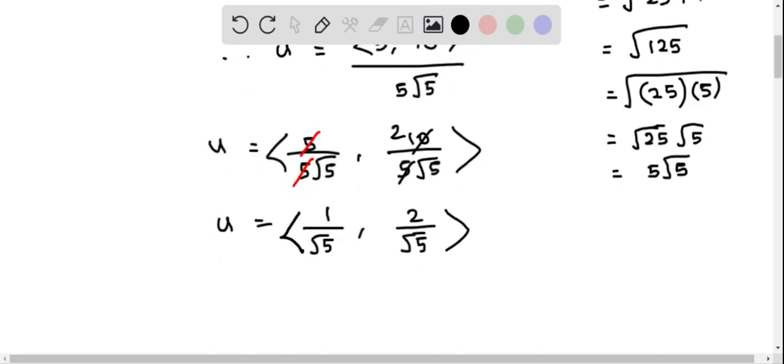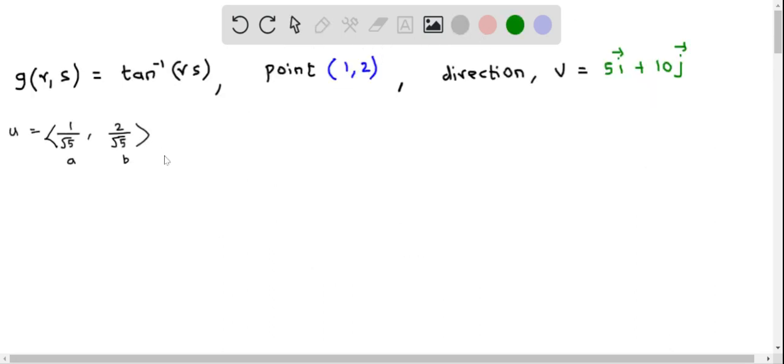I'm going to consider 1 over root 5 as a and 2 over root 5 as b. Now let's find the partial derivatives of the function g of r comma s with respect to r as well as with respect to s.